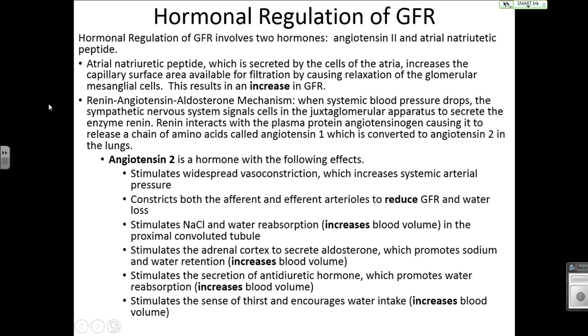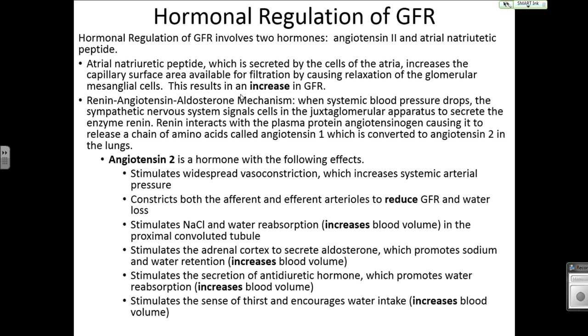Okay. The renin-angiotensin-aldosterone mechanism is a little more complicated, and its stimulus is a decrease of blood pressure. So we're going to do a whole bunch of different things that promote increased blood pressure.